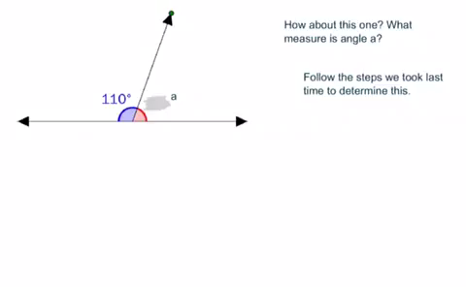Alright, so how about this one then? What is the measure for angle A? Go ahead and try to solve that. Follow the steps that we took last time to help you. And when you think you have it, come on back.